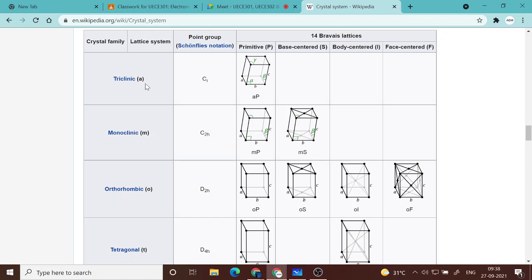then if you look at the triclinic, which is the most generic way of having these 6 parameter values.